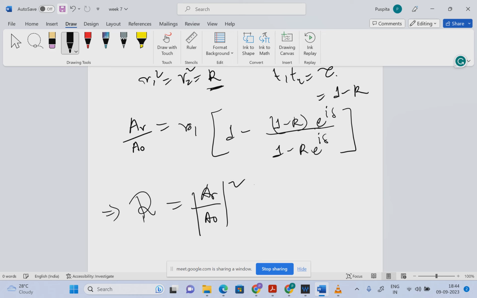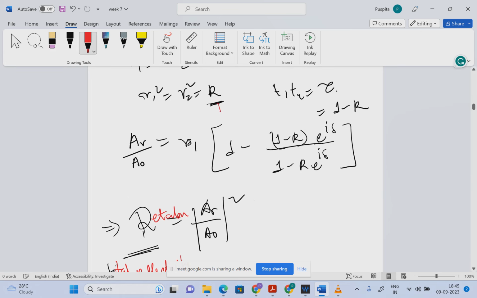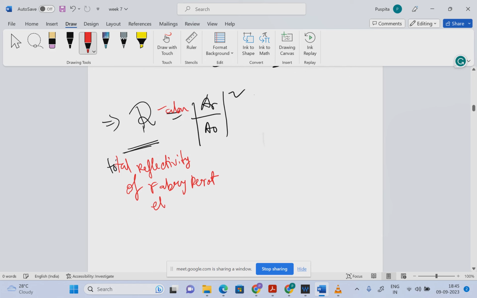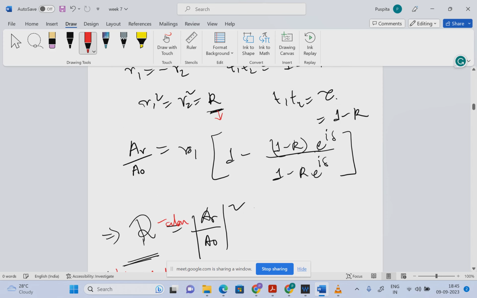This R is the reflectivity at each interface, whereas this is the total reflectivity of the Fabry-Perot etalon.